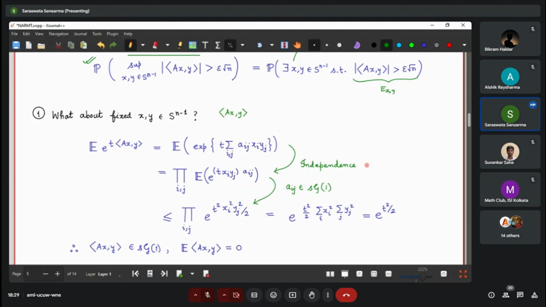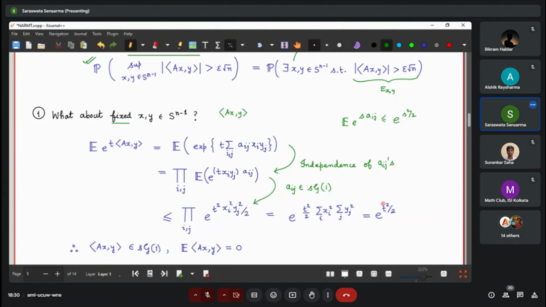By independence of the Aij's, and x and y are fixed vectors, Aij is the only random thing. Aij is sub-Gaussian, so we have E of e to the s Aij is less than or equal to e to the s squared over 2, which just gives us this, and then we can pull the product back in.